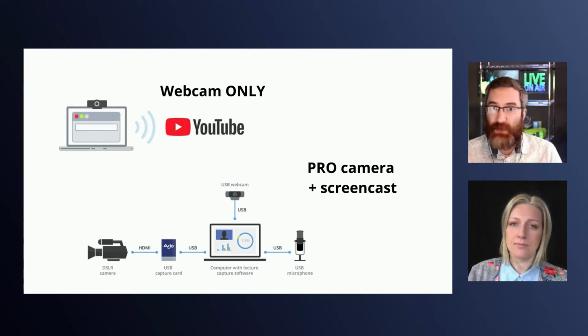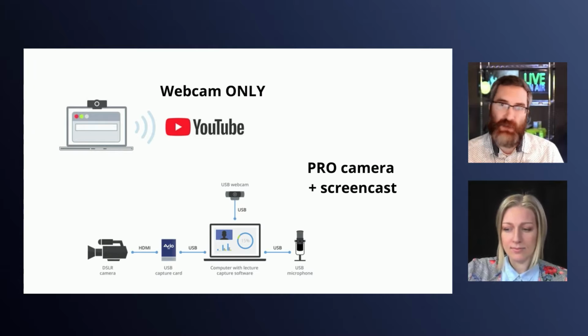So we wanted to focus on three different methods, and these could all be used with pretty much any platform we've talked about. There are some very simple ones. The webcam only is a very basic one, very common for YouTube, where you can do it right in a browser. You don't need any specialized software, and you don't necessarily need any specialized equipment.